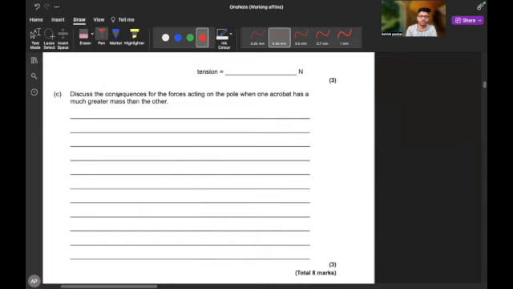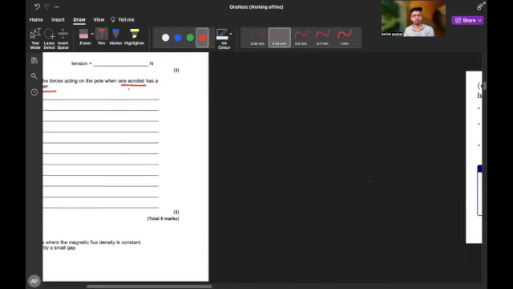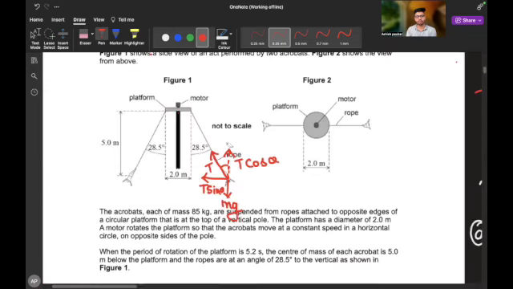Question: Discuss the consequences of the forces acting on the pole when one aerobat has a much greater mass than the other one. So what is going to happen is, one of the aerobats has more mass. If you go to the free body diagram, let's suppose this one has more mass than this one.